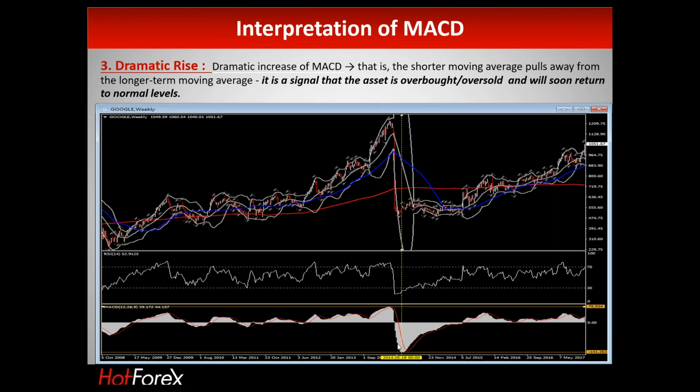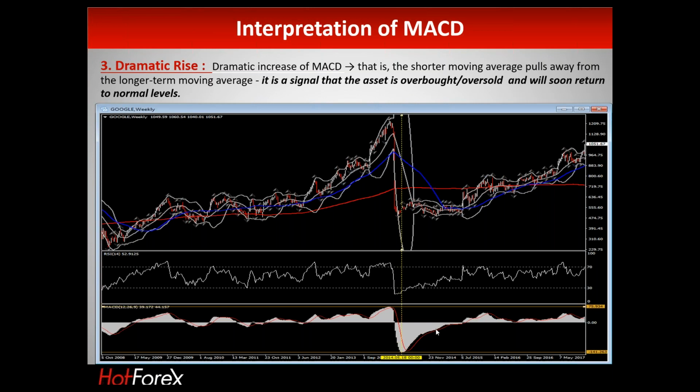So if you see something like that, you simply need to wait, don't sell, because what it says to you is, oh, it's already oversold. The MACD is at extreme levels, so it's extremely oversold. So it's likely to return back to normal levels.